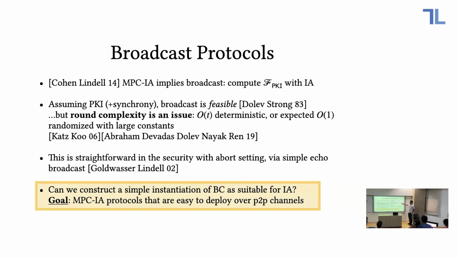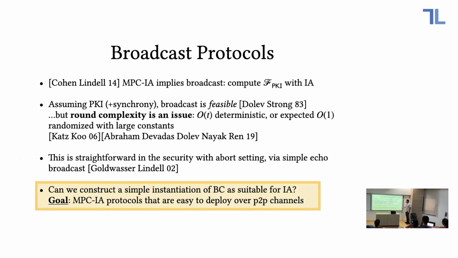So what their result shows is that you can iteratively try to implement a PKI functionality with identifiable abort, and once that ultimately succeeds, then you can use Dolev-Strong and get broadcast. But let's say we already have a PKI, which we are fine assuming for reasons. So we know that broadcast is feasible, so we don't care so much about this result anymore.